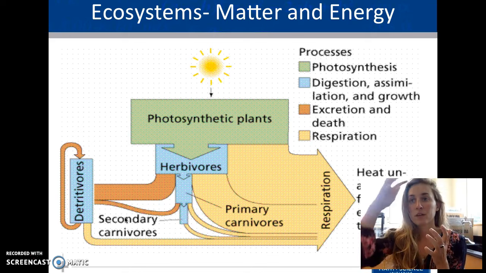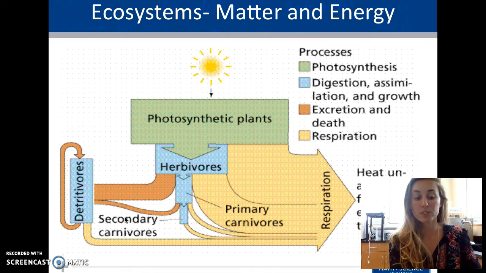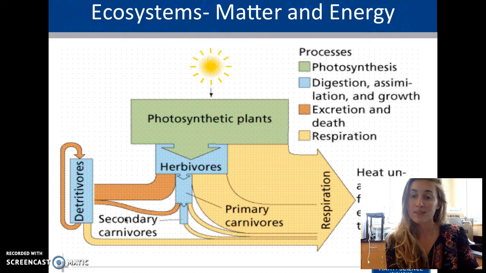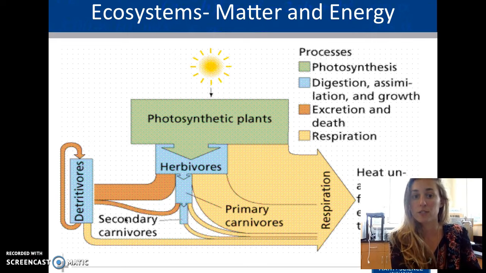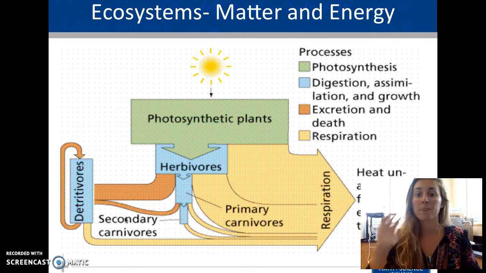We see that there are the two cycles of matter and energy, and this dates back to your very first PowerPoint when we looked at the first and second law of thermodynamics, the idea that within a closed system, which is your matter in your ecosystem, that matter is always conserved through the process of photosynthesis, digestion, growth, excretion, respiration, decomposition. Those chemical compounds are always going to be there. Their form is just going to change based on where they're existing within the ecosystem at the time.